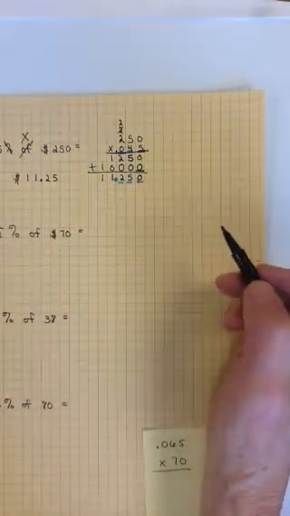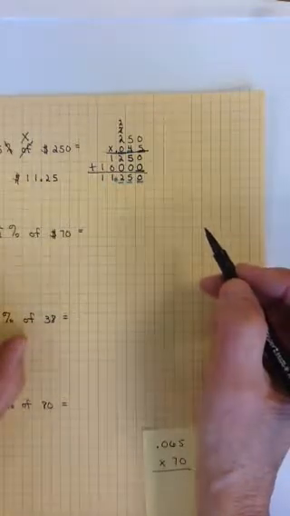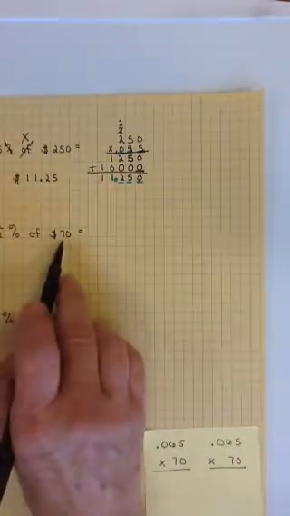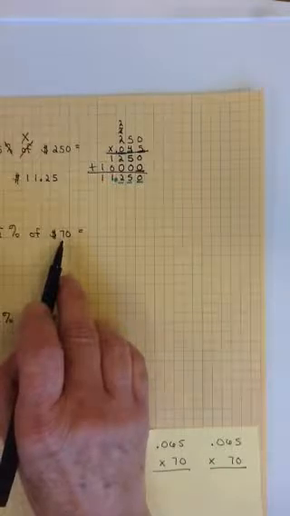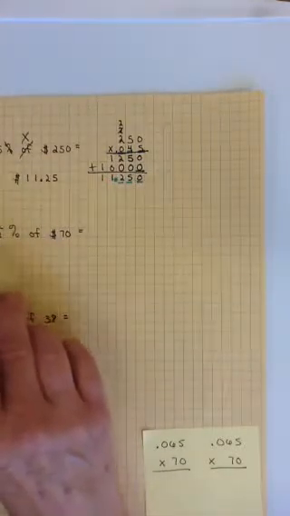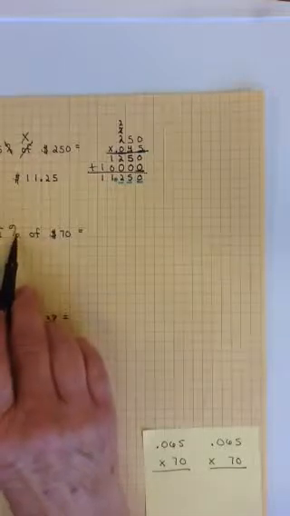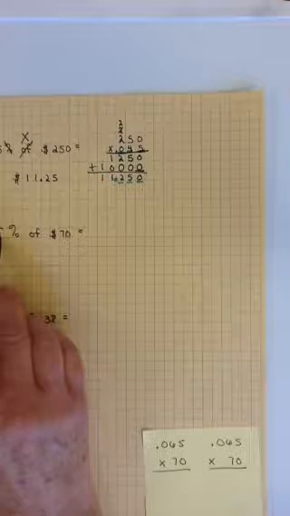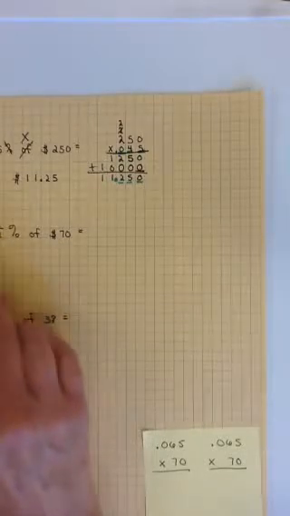Okay, so now moving on to the first problem in row 2. 6 and a half percent of $70. Now remember, the instructions for rows 1 and 2 tell us to change the percent to a decimal number. Well, right now we've got a mixed number.